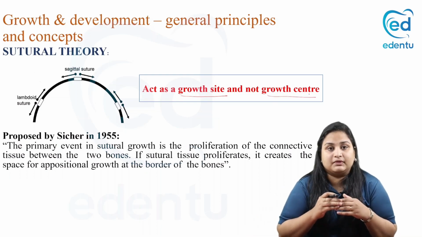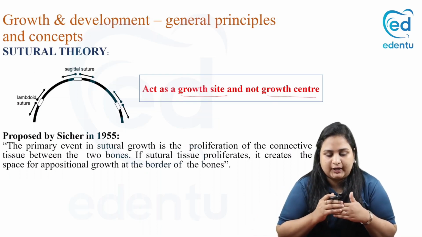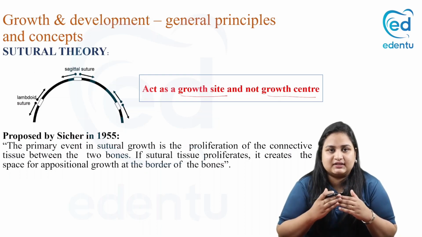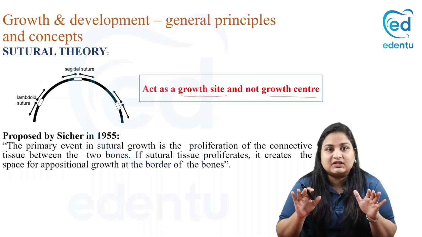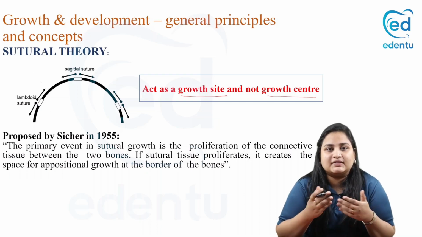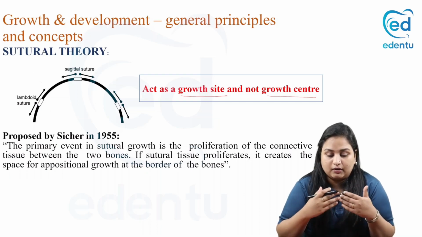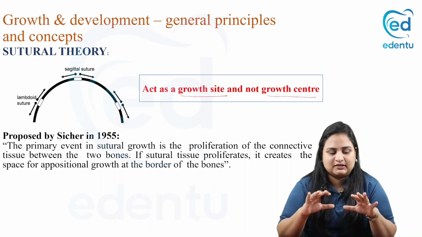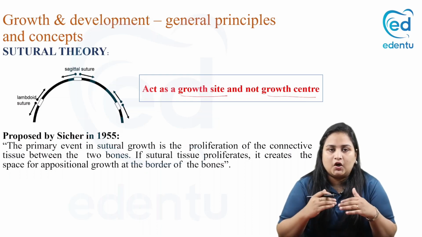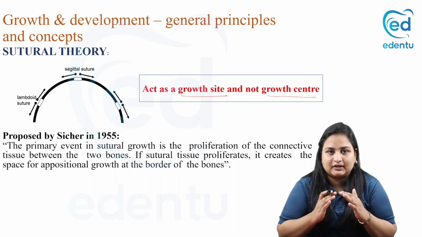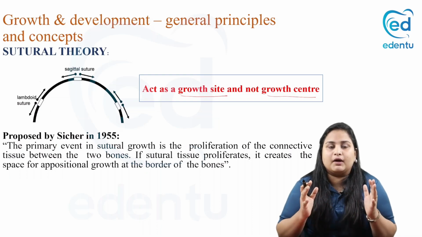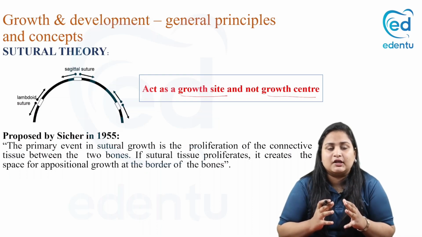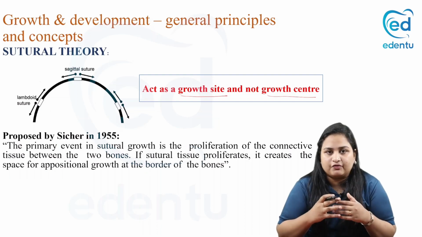This theory was proposed by Sicher in 1955, in which he suggested that the sutures are the growth sites, which tend to grow towards each other and complete the process of bone growth. Sutures are generally present between two bones, and the sutural ends proliferate towards each other, completing the growth, especially of the cranium, because you have a lot of sutures in the craniofacial regions.